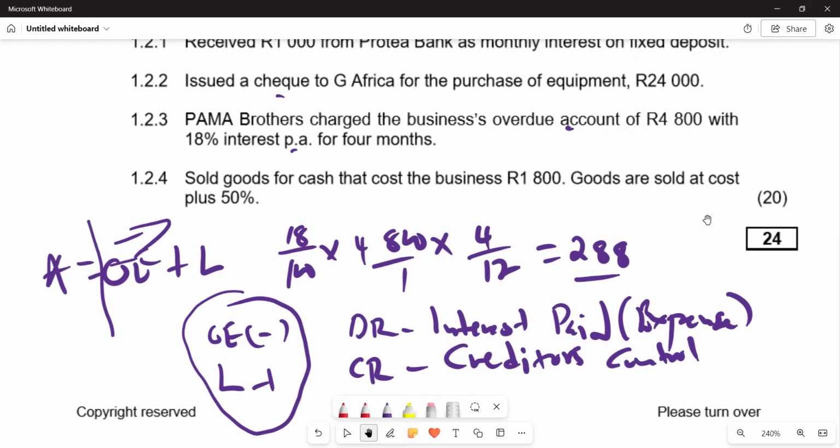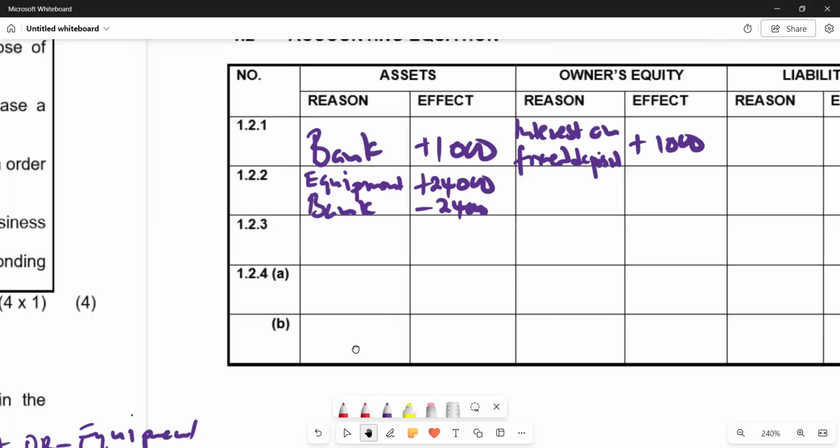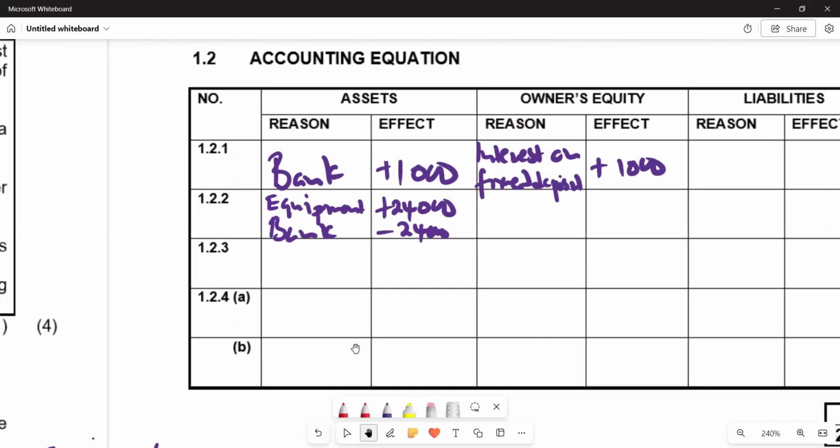So we can just go there and summarize the side. So we come here. We are saying on 1.2.3, we're having interest paid as the reason. And then on the effect, it's going to be a negative. Interest paid is going to be under owner's equity here.